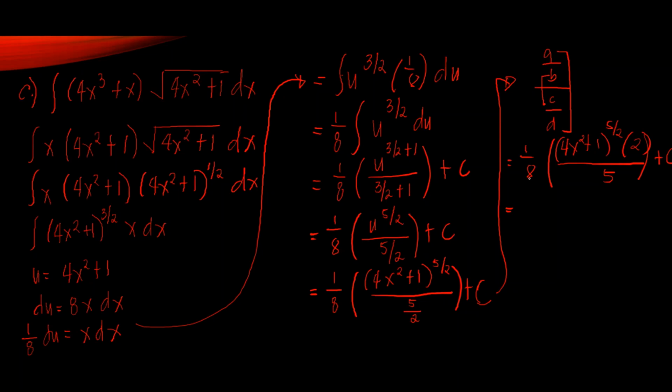Wait lang. Yan, dito. So, 2 divided by 8, so maka-cancel yan, and this will be equal to 4. And then, i-multiply natin siya dito to get our final answer. So, this will be equal to 4x squared plus 1 raised to 5 over 2 over 4 times 5 is 20. So, this is our final answer for example letter C.